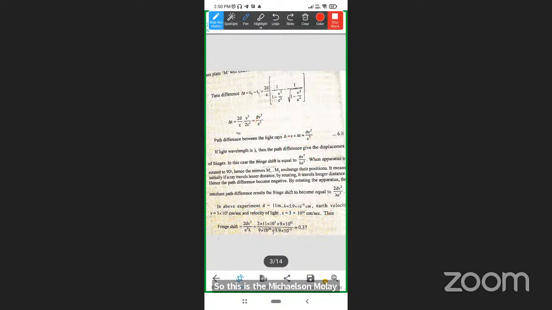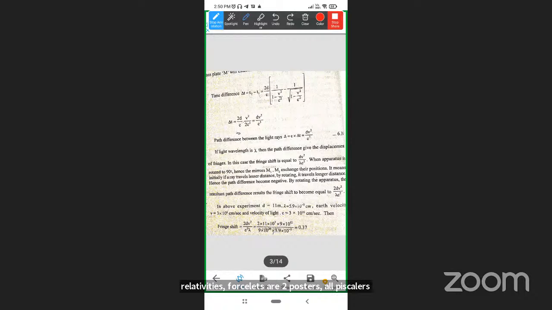And another one is the Lorentz transformation equations, and also the Galileo transformation equations and the postulates of the special theory of relativity. There are two postulates. All physical laws are the same in all inertial frames of reference.